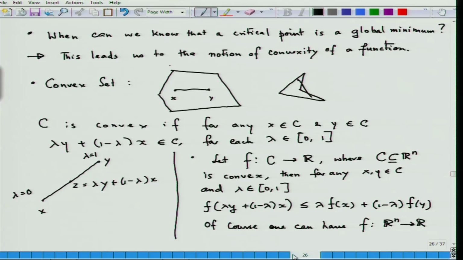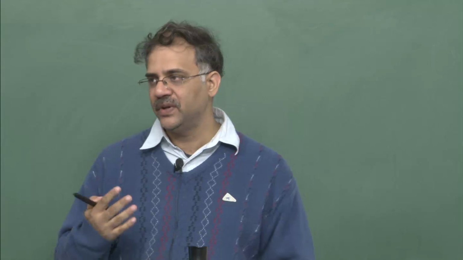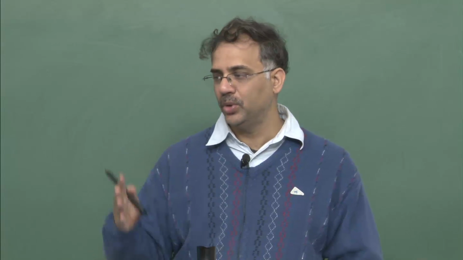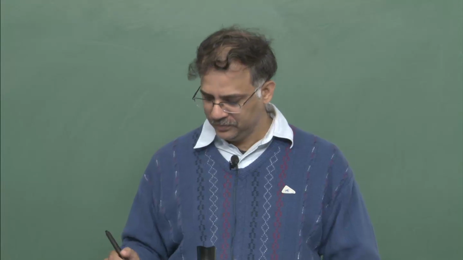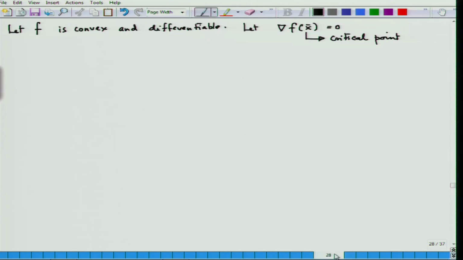Here I am trying to answer when you can know that a critical point is a global minimum. A critical point, I want to recall again, is a point which satisfies the equation that the gradient of f at that point is equal to 0.